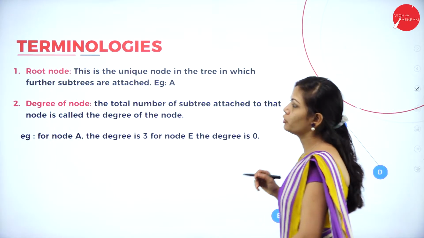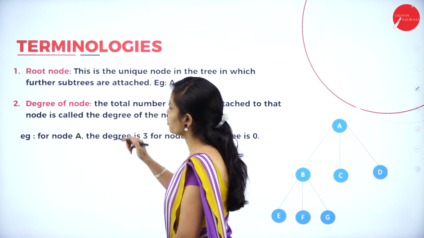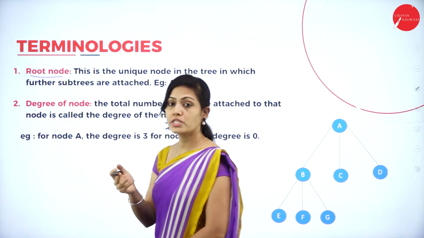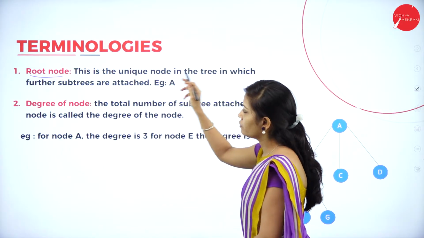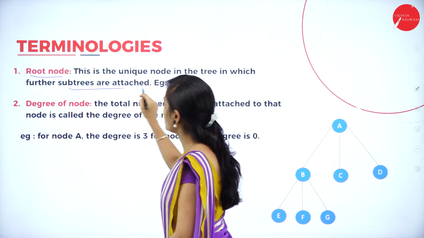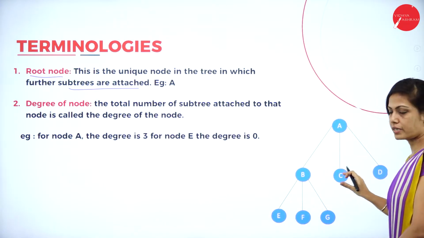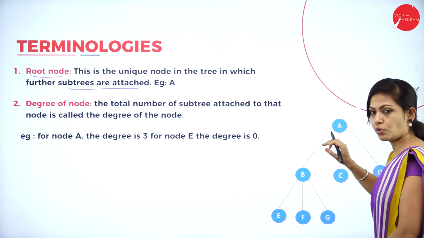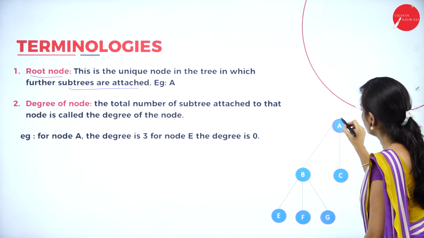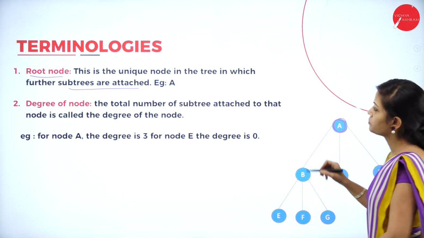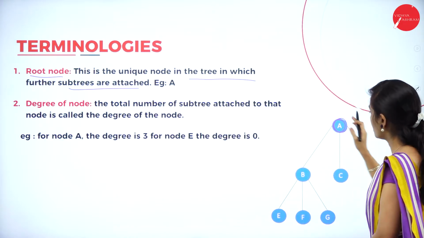And now the terminologies of tree. You can expect these questions for 2 marks. Very important questions. Root node: what is root node? Give an example. It is the unique node in the tree to which further subtrees are attached.